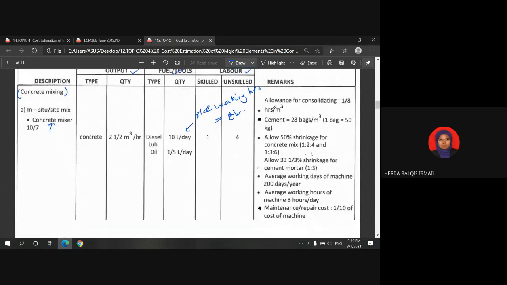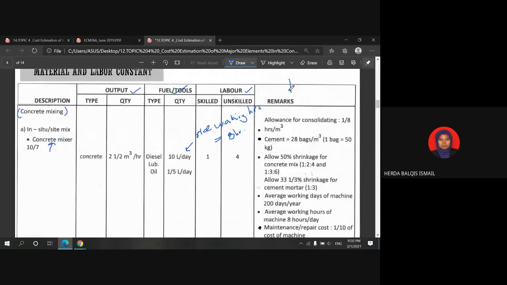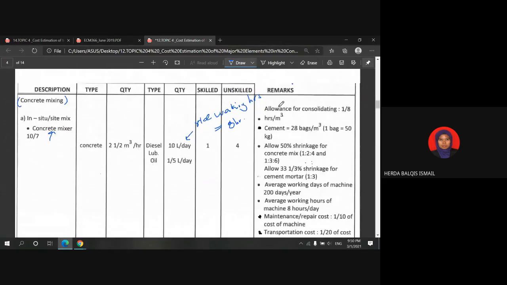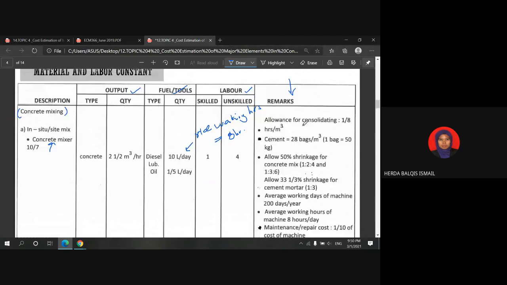So we look at the statement in this remark column. Given here is the allowance for consolidating, 1/8 hours per cubic meter.